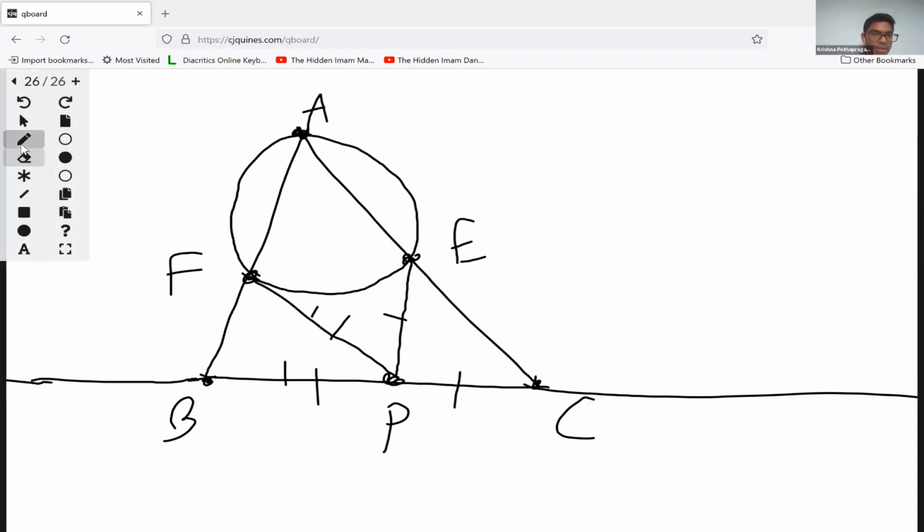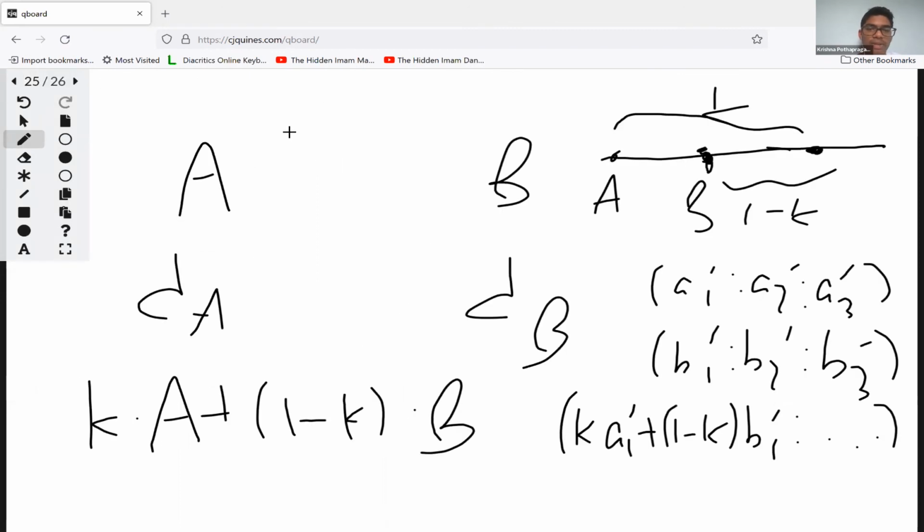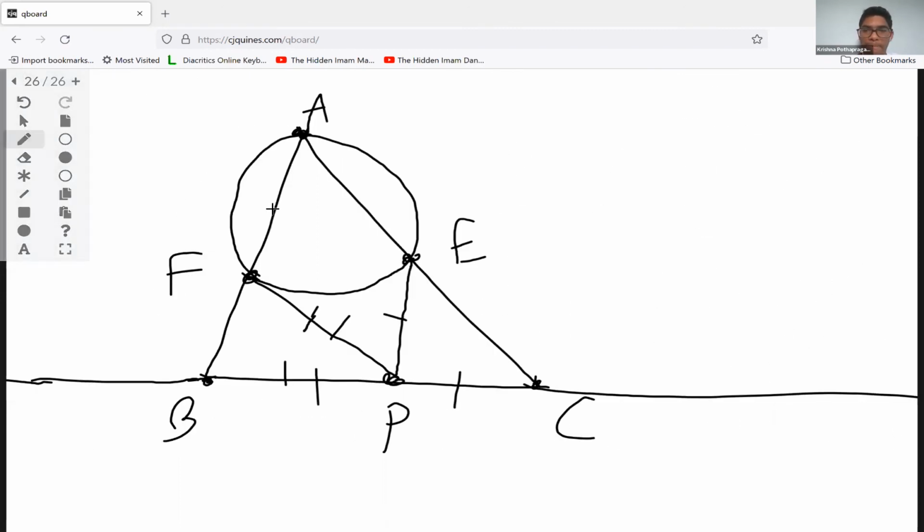So first, how can we define E and F in a way that's more helpful with moving points? Remember, we can do rotations now. That might not be directly applicable to showing PC equals PE, but we can do rotations and we can do linear combinations.